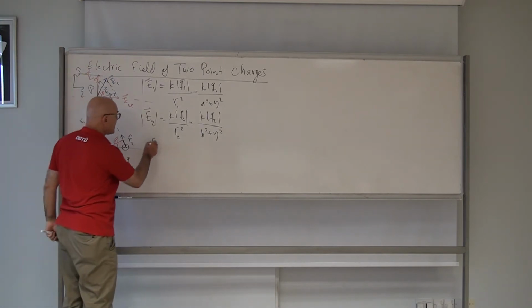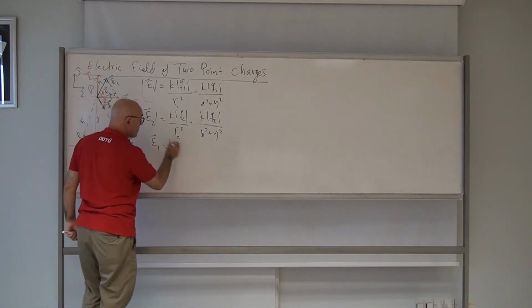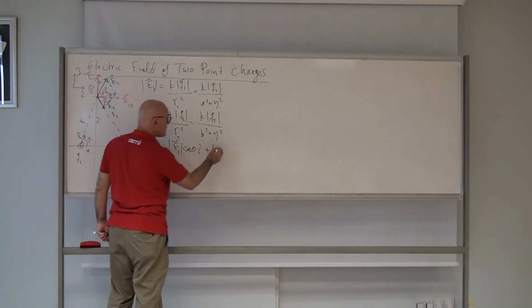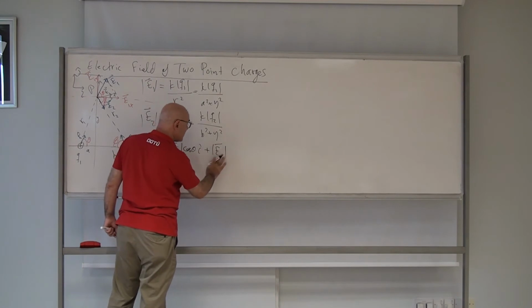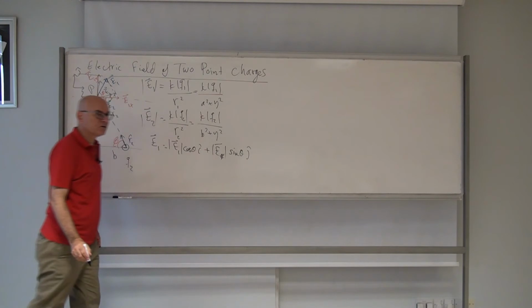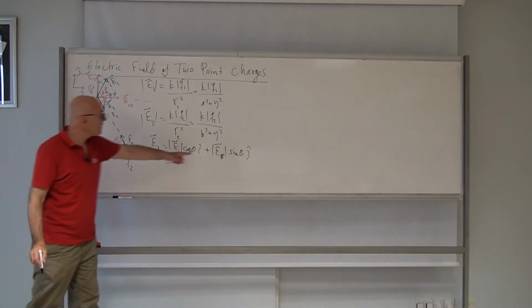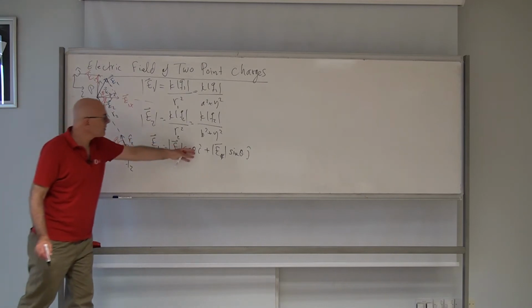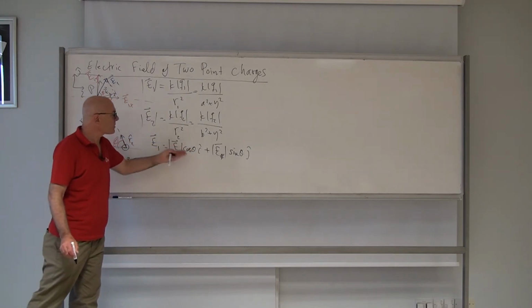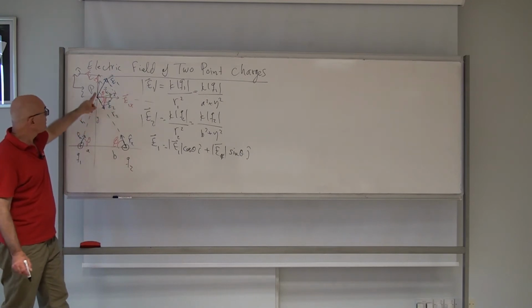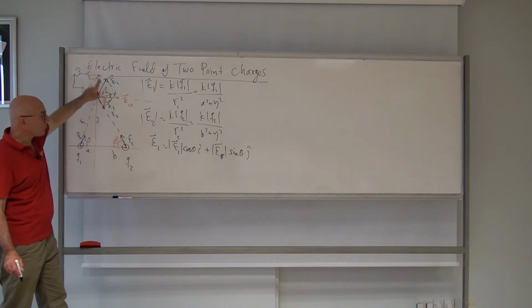Therefore, I express E1 as the x component along i hat, which is E1 cosine theta, and the y component, which is E1 sine theta along j hat. So E1 as a vector will be modulus E1 cosine theta along i hat plus modulus E1 sine theta along j hat. From geometry, it's evident that both components are positive, because Ex is along positive i and Ey is along positive j.